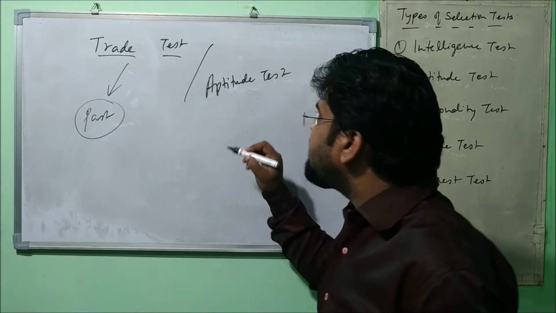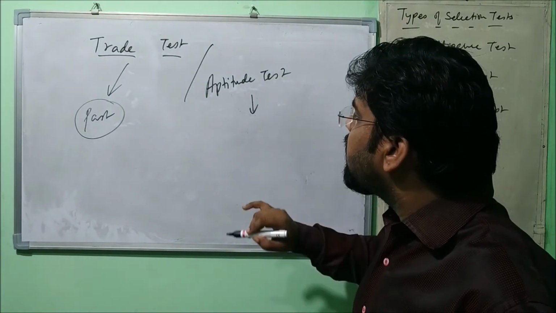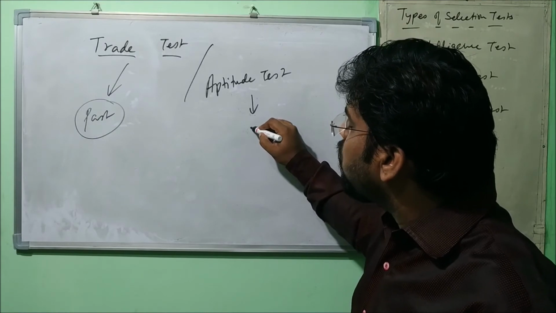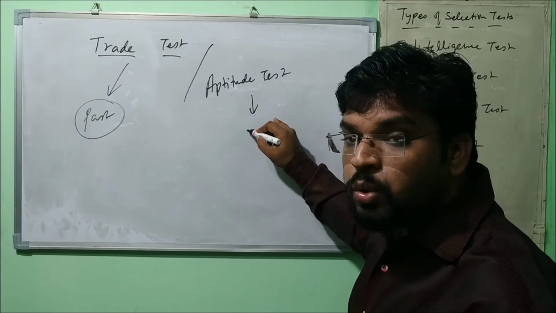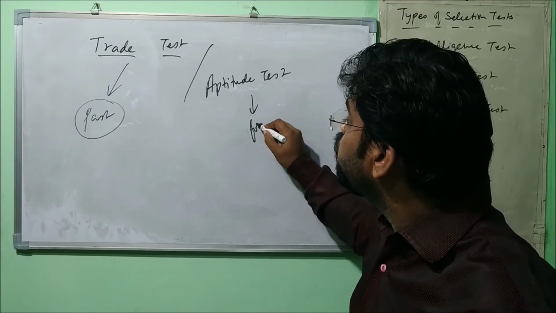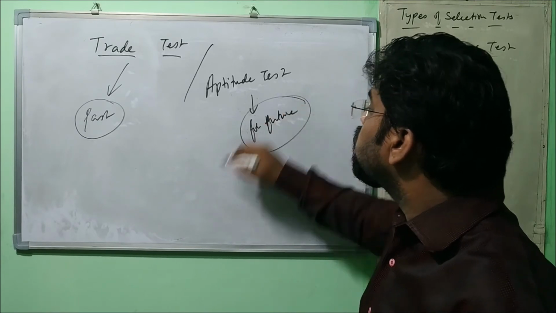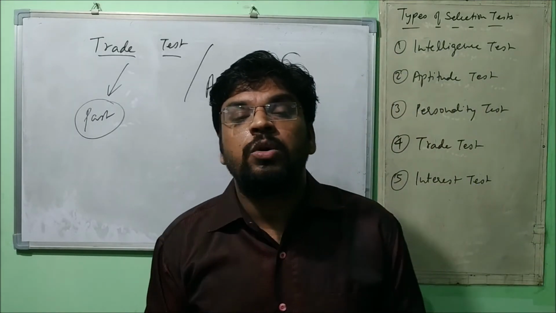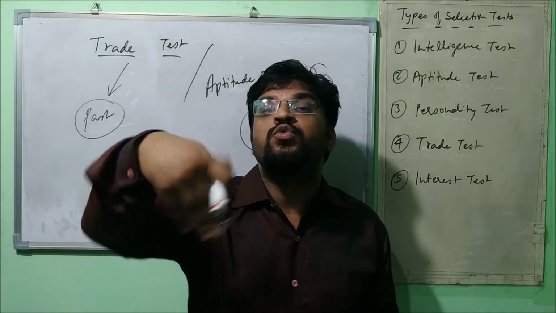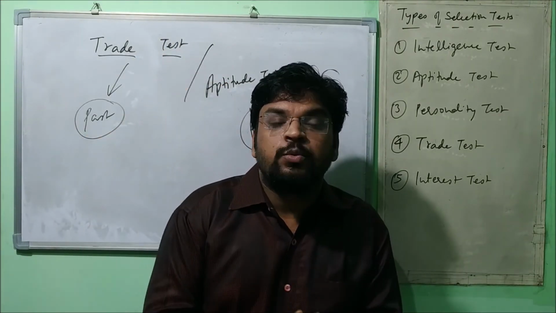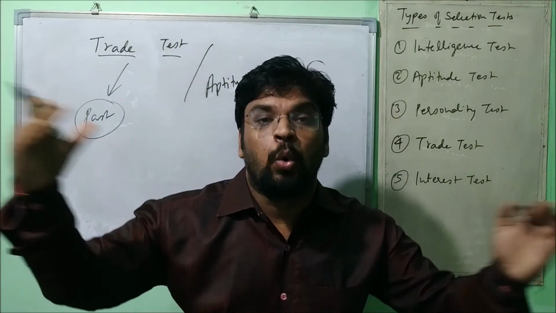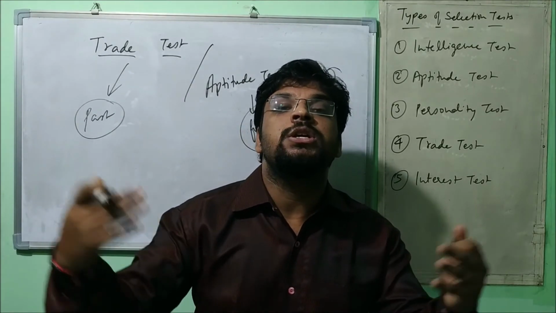Okay, aptitude test is determined to know the potential of a candidate to learn new skills for future, right? They're not talking about present, they're talking about his potential to learn in future. Means up to what area a person can go, how much more he can develop.